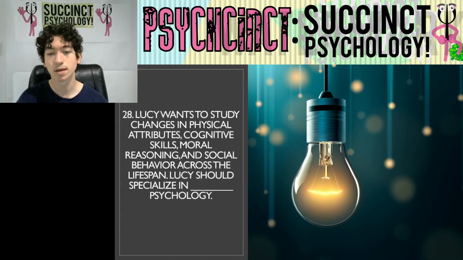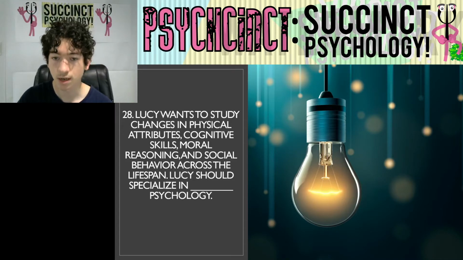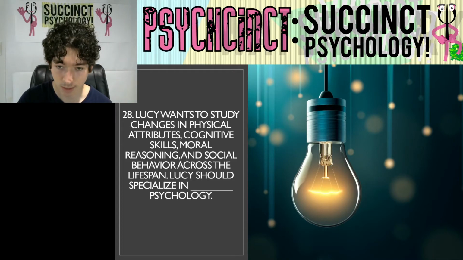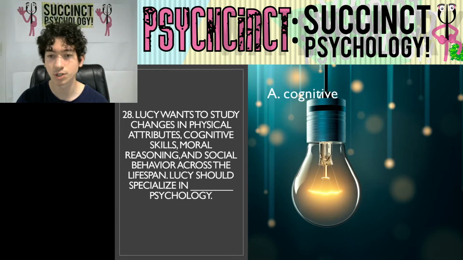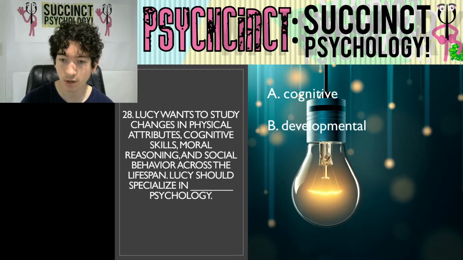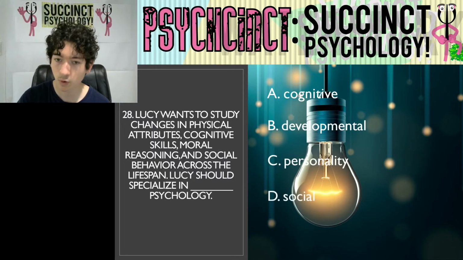On to question 28. Lucy wants to study changes in physical attributes, cognitive skills, moral reasoning, and social behavior across the lifespan. Lucy should specialize in what type of psychology? Cognitive psychology, developmental psychology, personality psych, or social psychology?